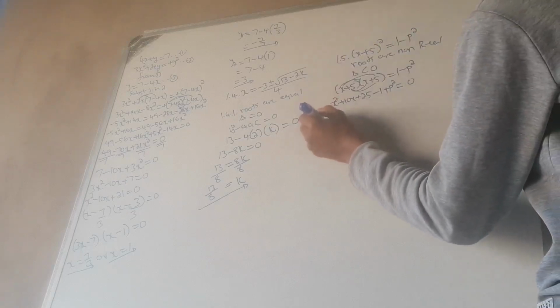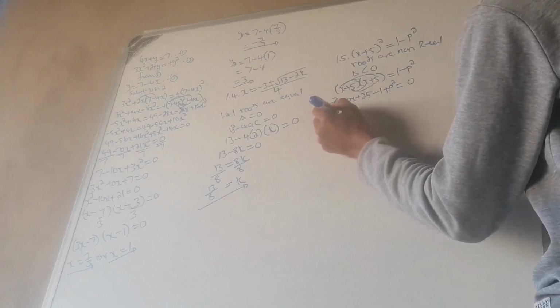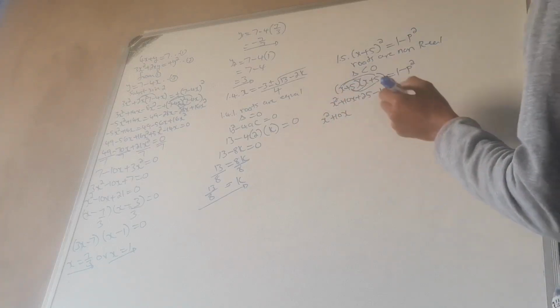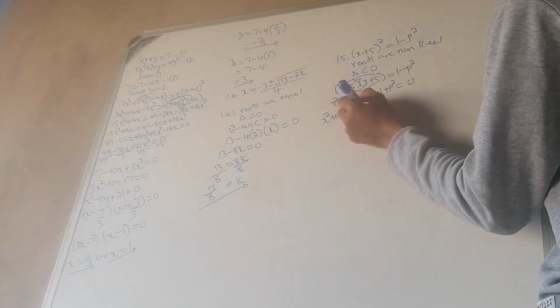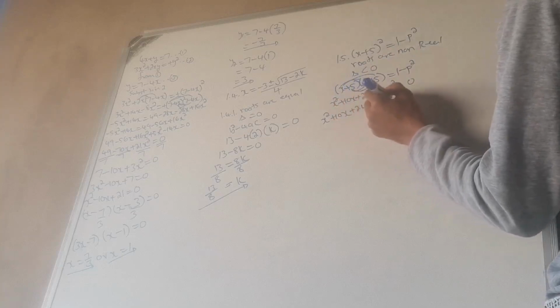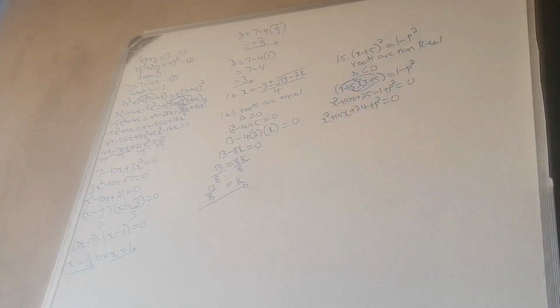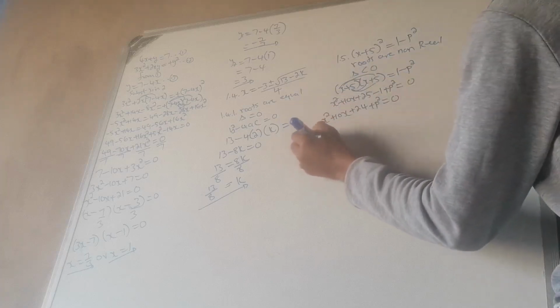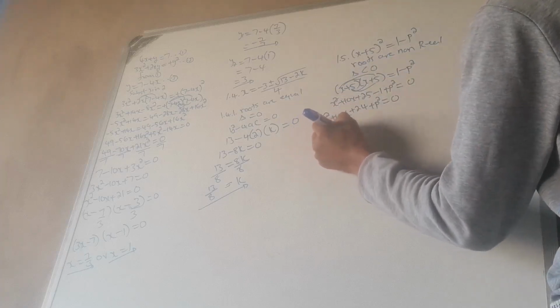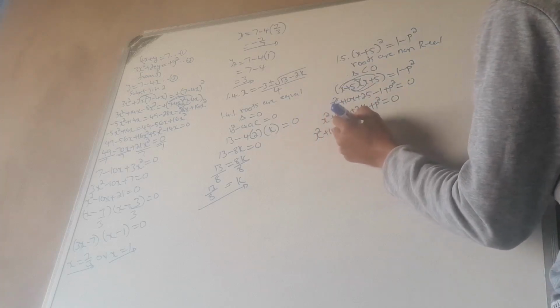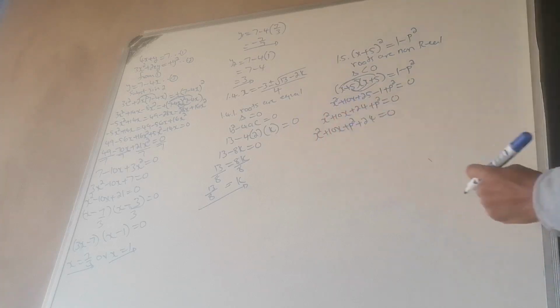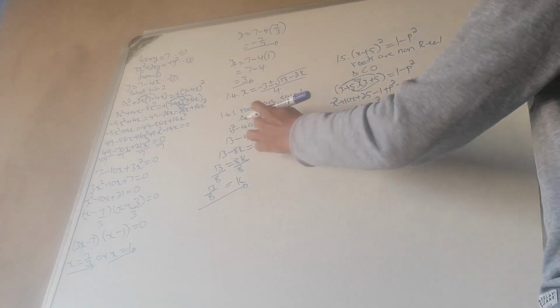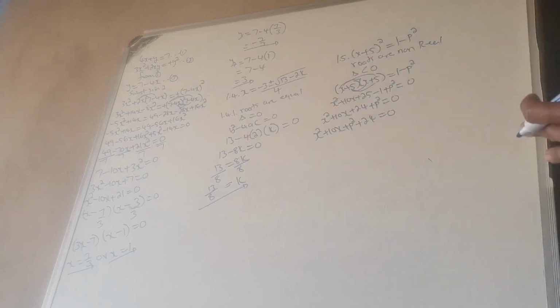I will have my x squared plus 10x, 25 minus 1 is 24, plus p squared equals 0. Now from here I can rewrite this as x squared plus 10x plus p squared plus 24 equals 0, because I know that c must always be a value that has no alphabet.